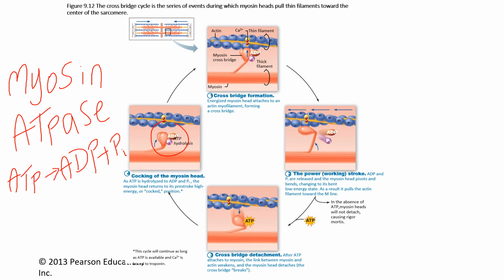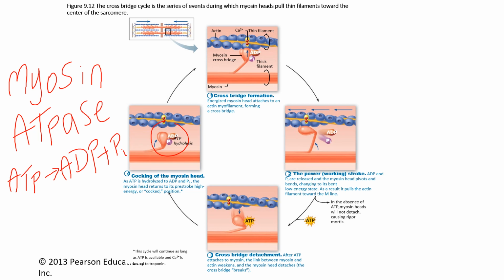And so if you think about it, the more myosin ATPase we have, the faster our muscles are going to contract, because the faster those myosin heads return back to their original position, the faster they're going to be able to grab on, and we're going to have another contraction.